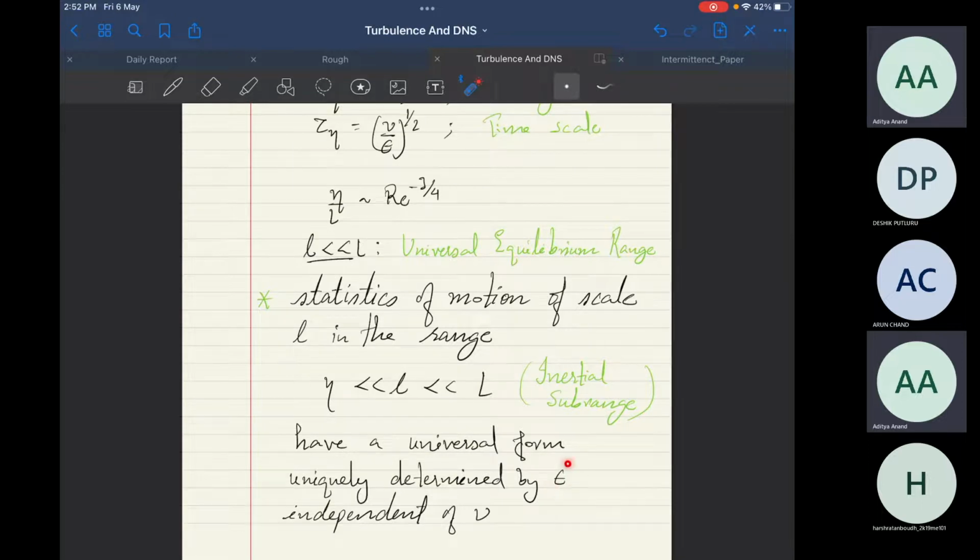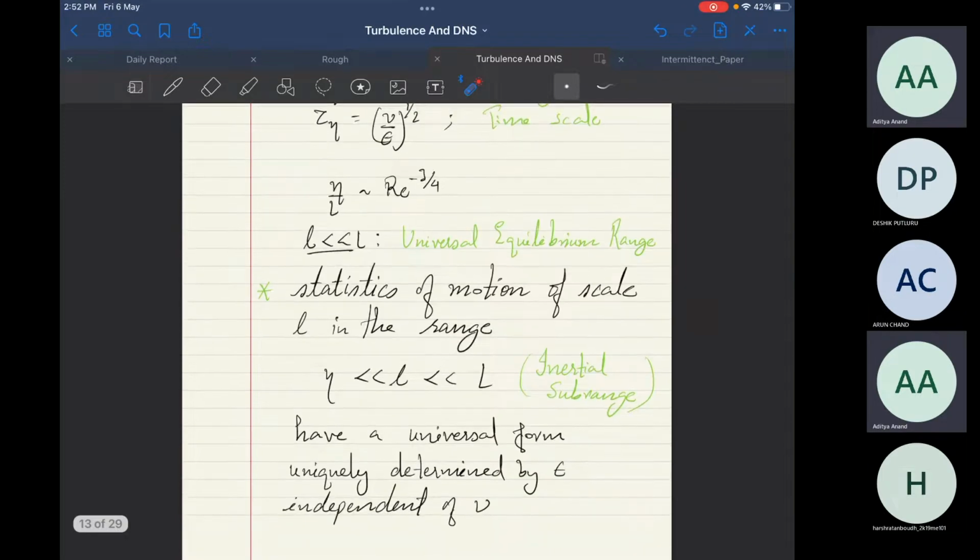But it depends on the dissipation rate because it has already been established by the large scales. All the turbulence energy produced at these scales has to be transferred to the smaller scales, and this dissipation rate has already been established. So that is why it depends only on the dissipation rate. This is the second similarity hypothesis.